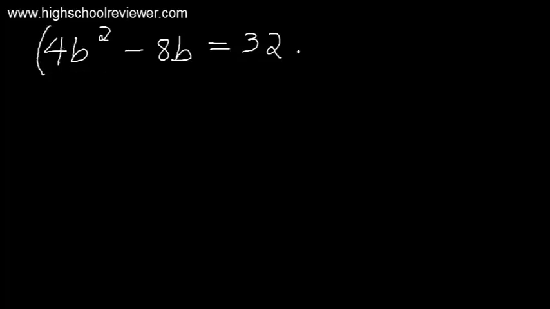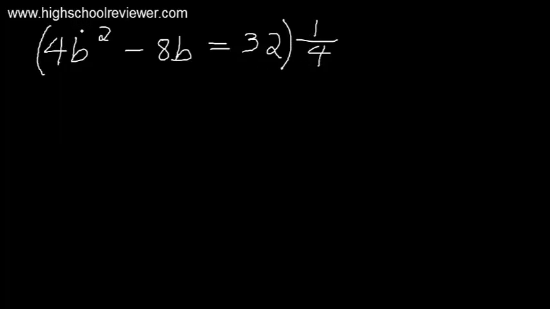Our next problem, we have 4b squared minus 8b equals 32. Okay. So first, we need to cancel out the numerical coefficient of our first term. So we need to divide both sides of the equation by 4.